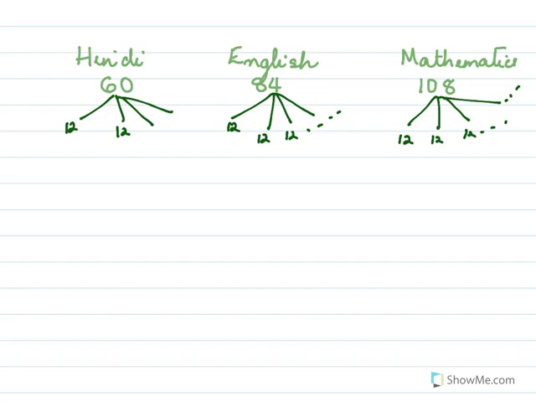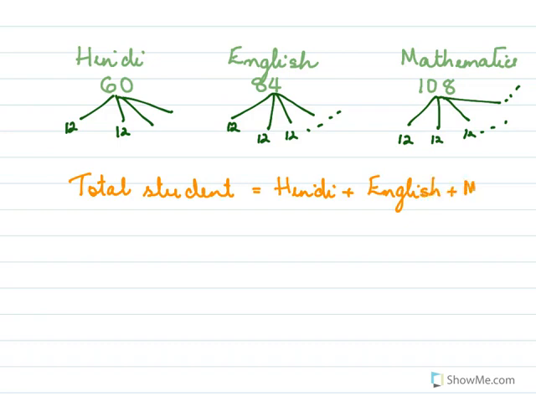First we have to find what are the total students. Now total students will be the students for Hindi plus English plus maths, and that is 60 plus 84 plus 108, which is 252.